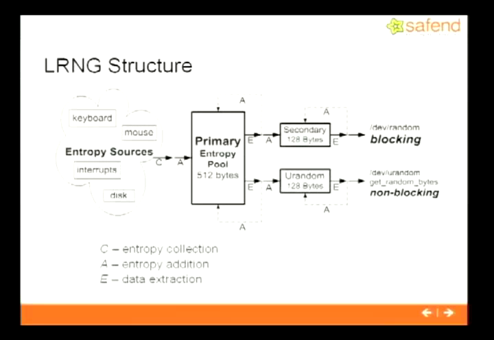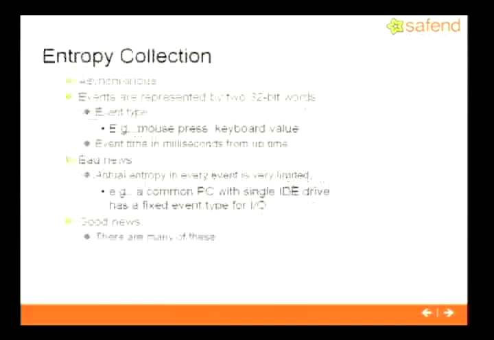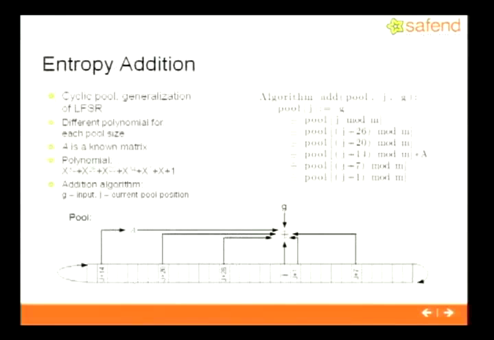The addition is where you can see the letter A. So after we collect entropy, we do addition. That's on the entrance to the primary pool. When we add entropy to the secondary, again, we use the addition process. The addition process is a generalization of a linear feedback shift register. It's a very simple mathematical operation.